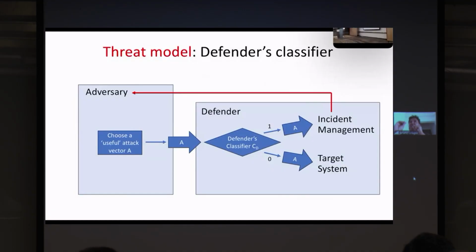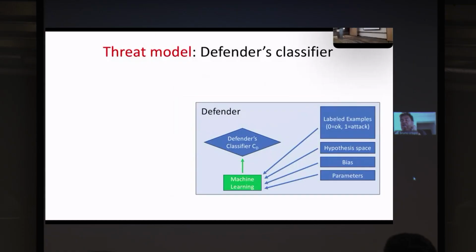So the adversary can send samples. He doesn't interfere with the construction of the classifier, with the training of the classifier, but he can use the classifier at test time. He sends a sample, and then he can observe if the sample raises an alarm or not. This is useful information because then you can try to infer the behavior of the classifier of the defender.